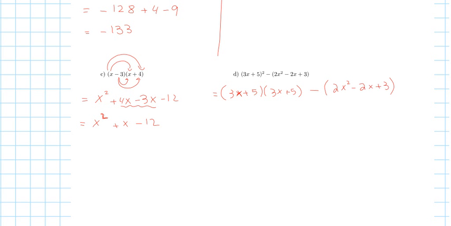BEDMAS says I have to multiply first, right? So I have to multiply my first two brackets together, right? That's the first step. So I have to FOIL, and we learned that 3x times 3x is 9x squared, 3x times 5, 5 plus 3x, and then 5 times 5.